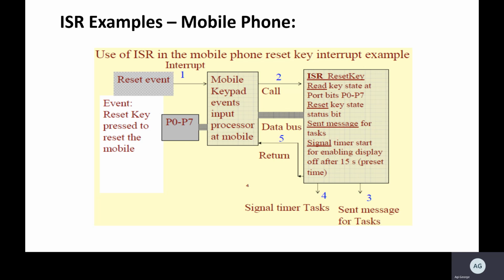On encountering the reset interrupt, it calls the interrupt service for the reset key. It reads the current state from the ports and resets all the state bits and sends a message for tasks to be suspended, and it signals the timer for enabling display off after 15 seconds. So this is how the interrupt service routine for resetting your mobile works. Okay, so with this we come to the end of interrupts.